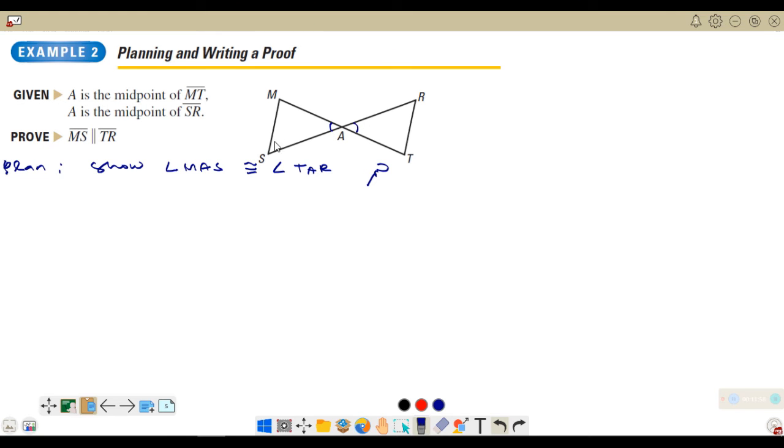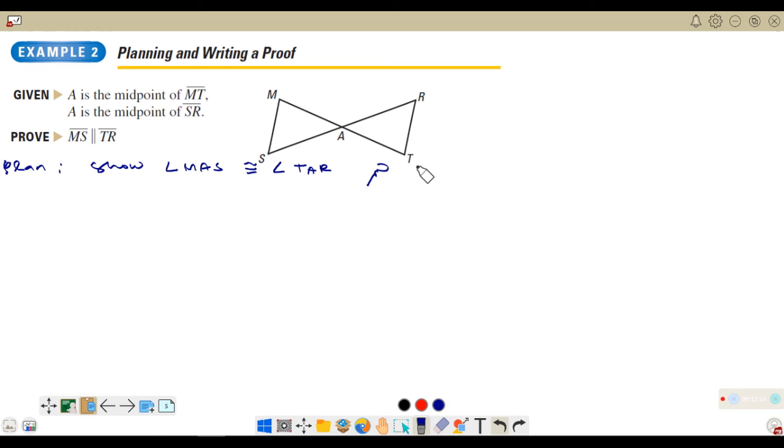Isa pang angle, pwedeng ito, pwede rin naman na ito. So, free naman tayo. Piliin na lang natin tong si S and R. But if you will settle with M and T, it's okay. You will still end up with the same answer. Okay?